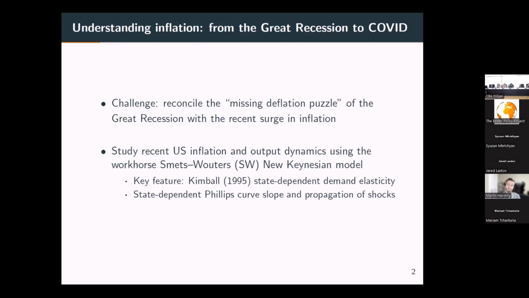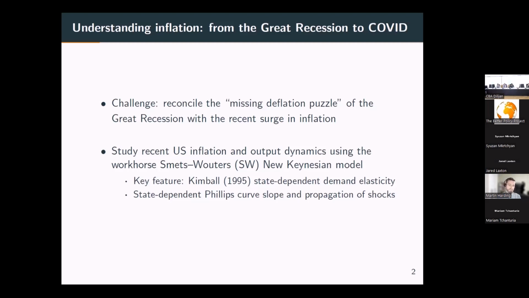And this state-dependent elasticity is going to be key in our framework, because what it is going to deliver is a state-dependent Phillips curve slope and state-dependent propagation of shocks. And we're going to be focusing in particular on cost-push shocks, because there is a broad consensus that cost-push shocks were a main driver of inflation after the pandemic.